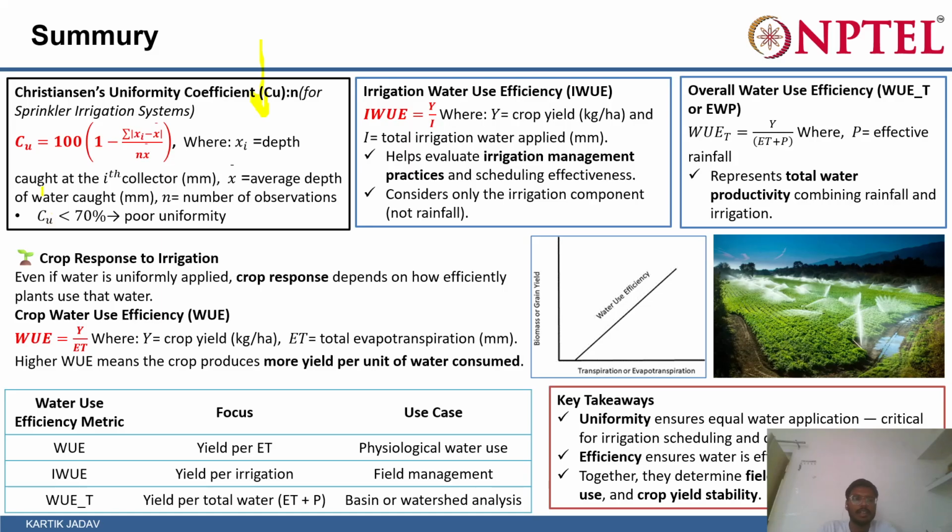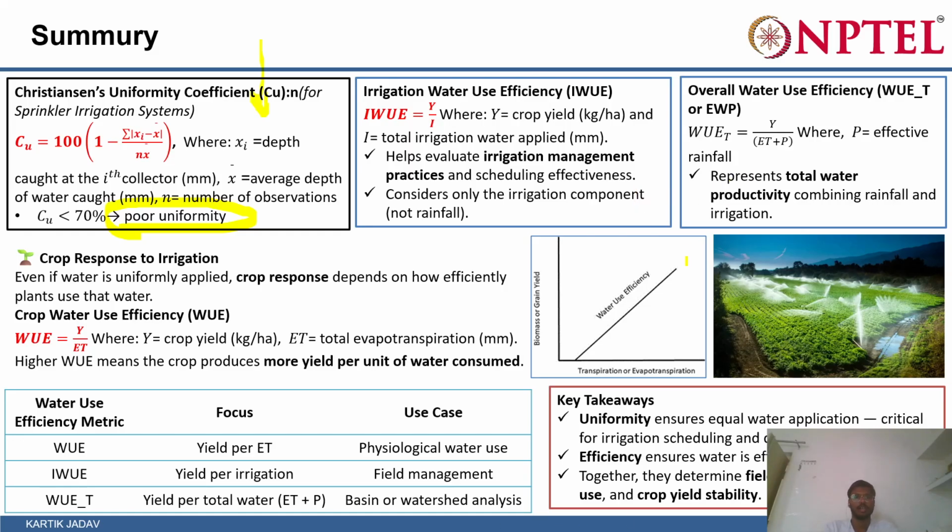If your value is greater than 85%, that is your best condition, but if it is less than 70%, it means you have poor uniformity.